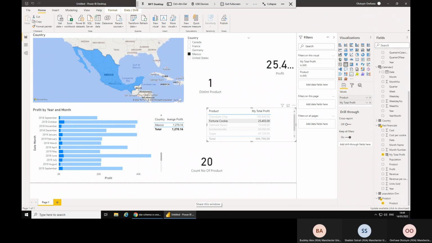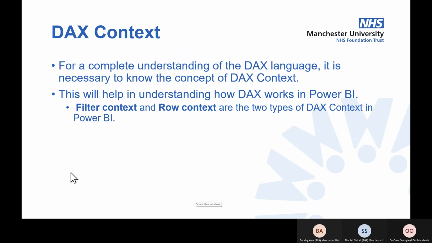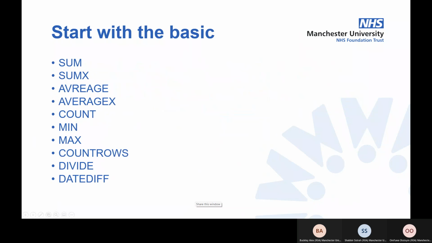All right. What else do I need to talk about? Just give me a second. Yeah, let's see. Context. All right, so to get more understanding of DAX, start playing around with the basics.